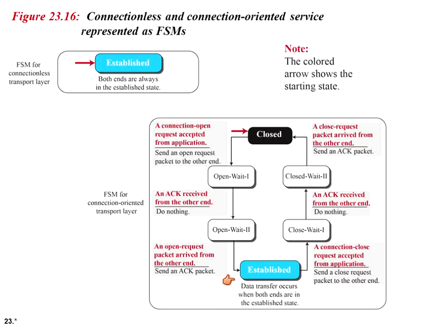So the machine is in the closed state when there is no connection, and it remains in this state until a request for opening the connection arrives from the local process. Now the machine sends an open request packet.